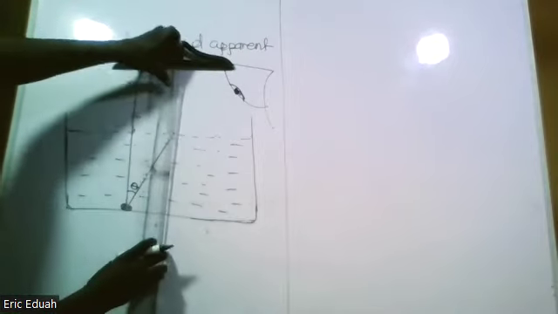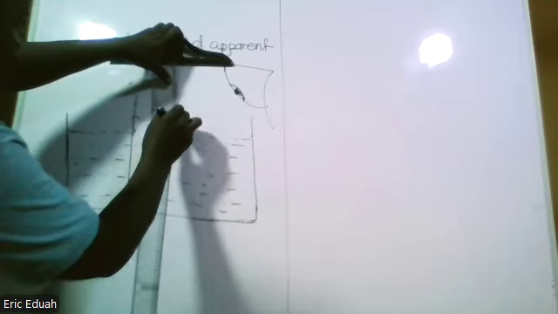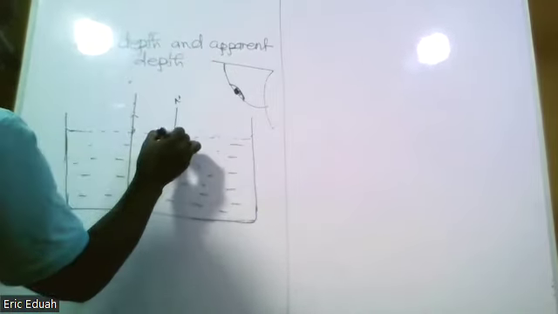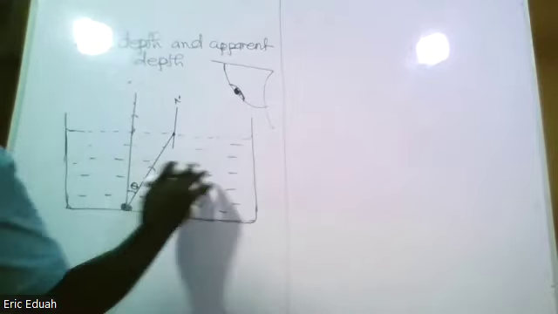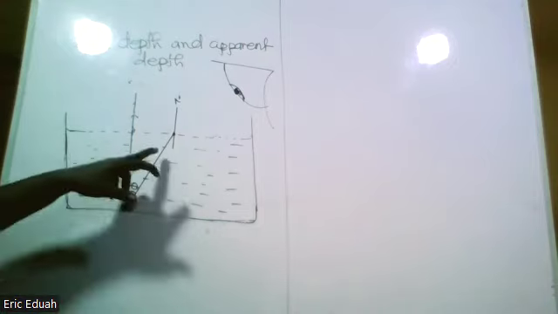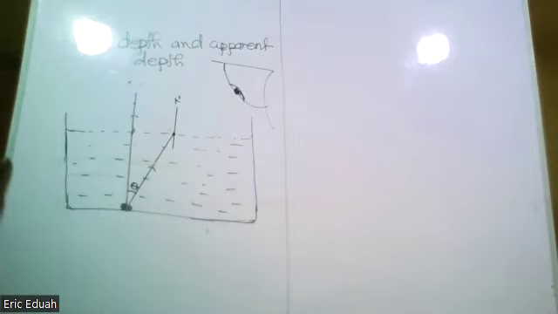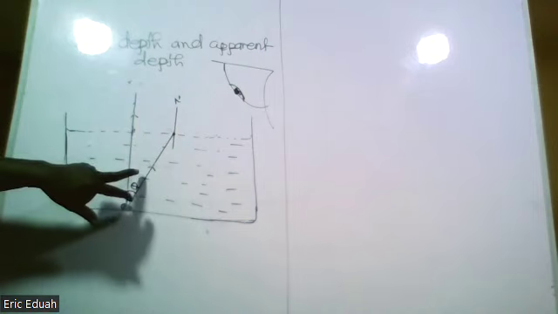Whenever light travels in this manner, when it gets to the interface or the boundary between two different media, air and water, what happens to this ray?